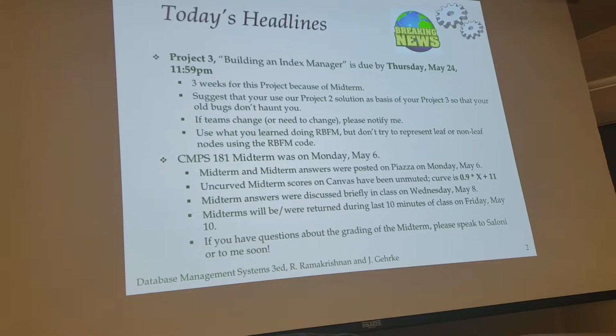Just to remind you, Project 3 again is due a week from Thursday, so you've had a relatively long amount of time for that. That's the B tree project, B plus tree. Again, emphasis that you can use your old Project 2 solution or you can use ours, and don't think that it's exactly the same as RBFM.